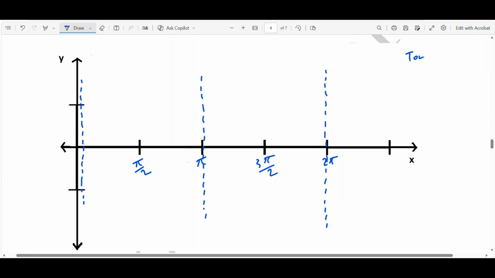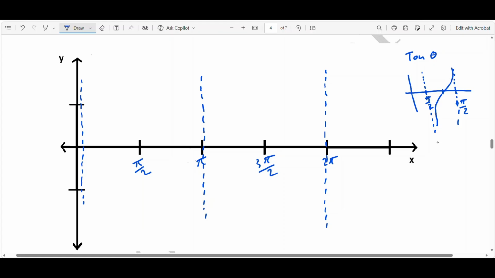Tan theta had asymptote lines at pi over 2 and 3 pi over 2, and it was an upgoing graph.